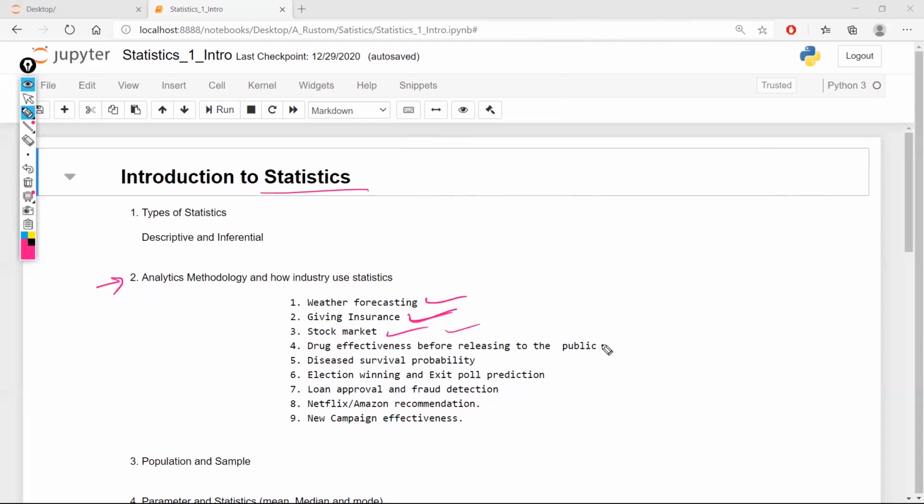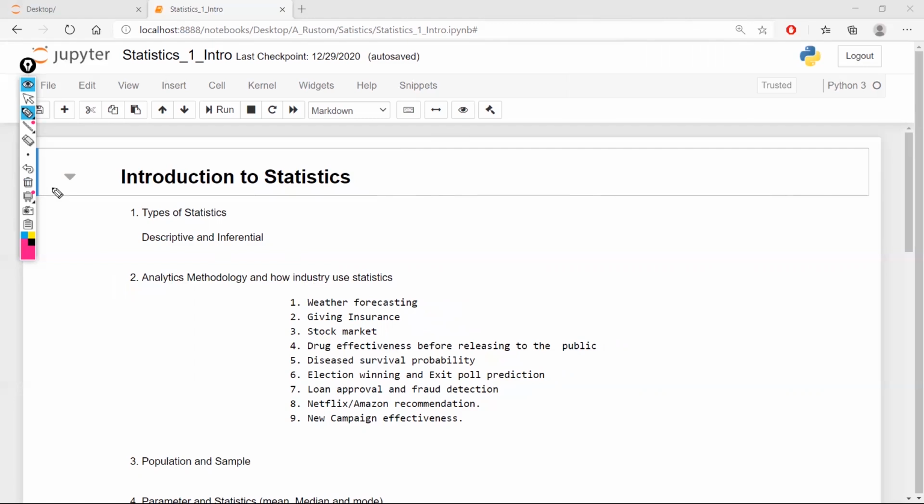I'm not going individually into each and every use case. I'm just trying to give the idea behind where statistics is being used. Most of it, 99% of your machine learning, any problem you're going to solve in machine learning, statistics is being used.